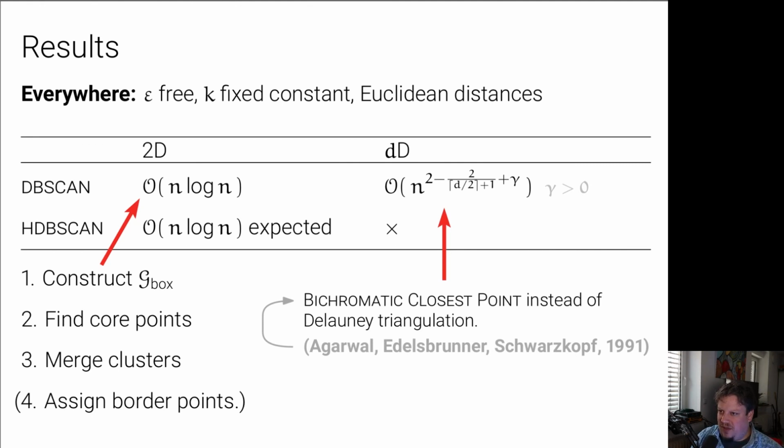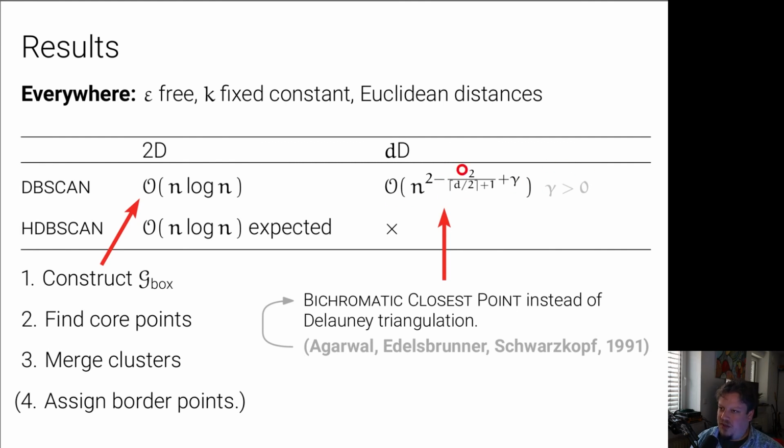And it looks a bit funky, but you can kind of see where it goes. So let's say D equals 2. So then this is 1. So this is 2. So this entire thing is 1. So then we have runtime of n to the power 1 plus gamma. And that's actually fine because n to the power 1 plus gamma is larger than n log n. So that doesn't invalidate this. That's actually a worse runtime. And if the dimension goes up, then we go towards n squared.